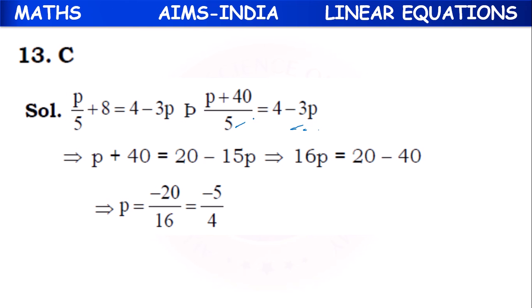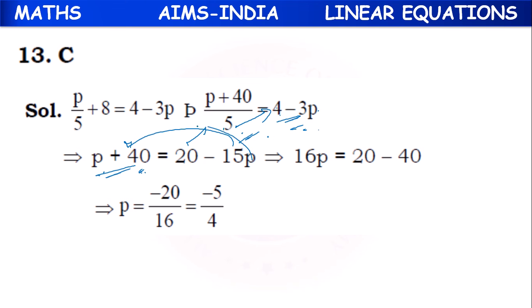Now cross multiplication. With 5 we can multiply the right hand side terms. 5 4 times 20. 5 into minus 3p, minus 15p. So left hand side p plus 40 will remain. All p terms on one side.